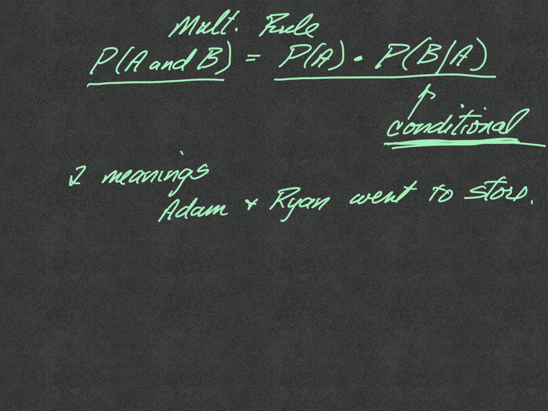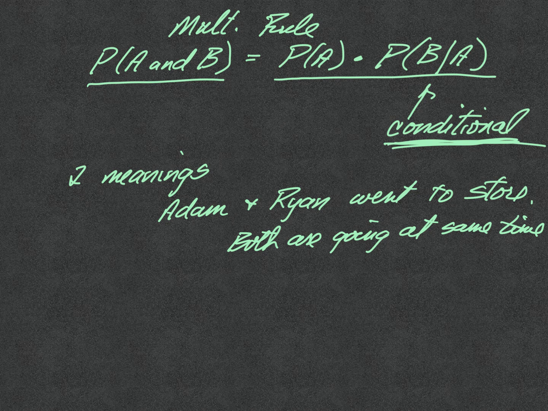Whereas with the or situation, I have three circumstances. With this one, I have the understanding that both are going at the same time. So the Adam and Ryan event occurs at the same time, and they both end up going to the store. All right? So that's one meaning.